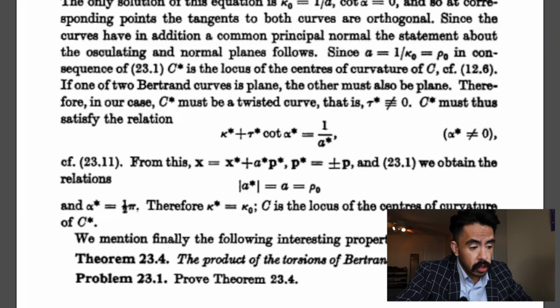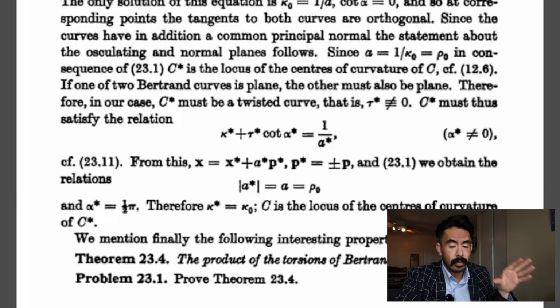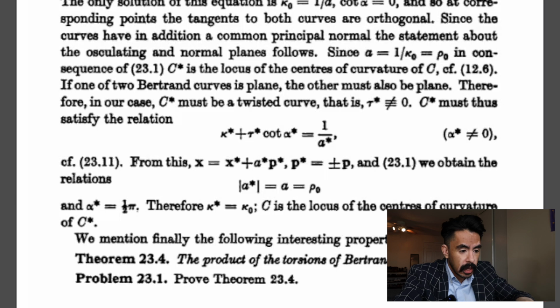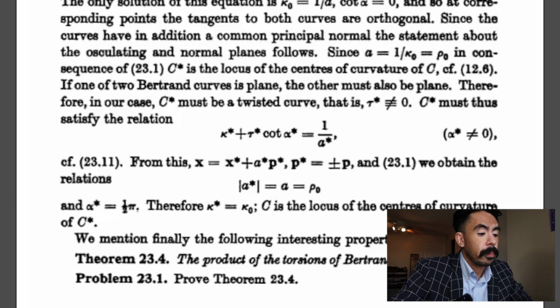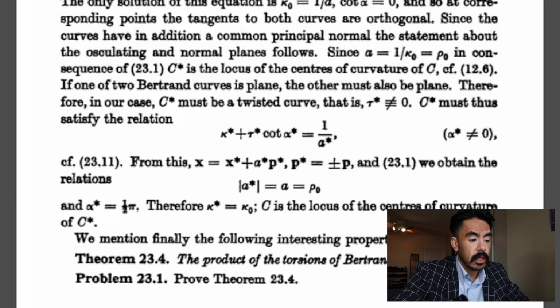If one of two Bertrand curves is plane, the other must also be plane. So if one of these Bertrand curves is a plane curve, then the Bertrand curve to that initially given curve is also going to be a plane curve. Therefore, in our case, C star must be a twisted curve. That is, the torsion of C star, tau star, is not equivalent to 0. It is non-vanishing.